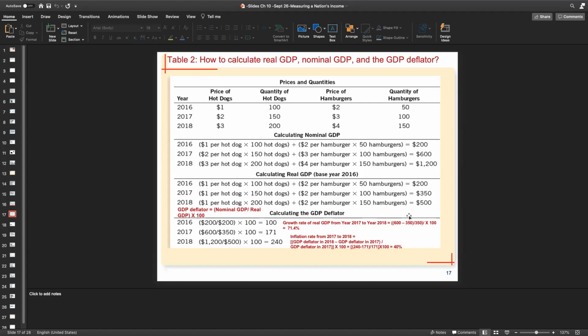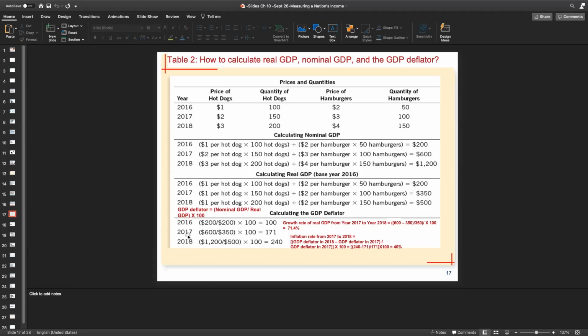So if you wanted to calculate the GDP deflator, you have to divide the nominal GDP by real GDP multiplied by 100. So in that case, the 2016 GDP deflator would be 200 divided by 200 multiplied by 100.